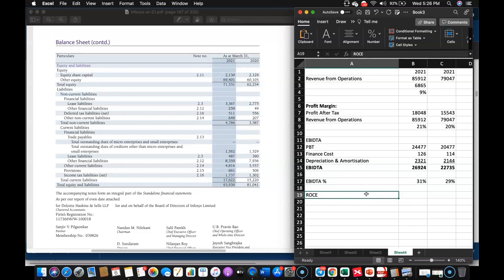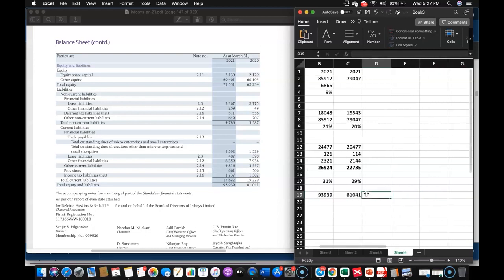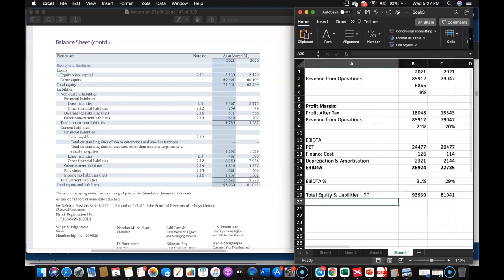We'll take total equity and liabilities, which is 93,939 and 81,041. Now we'll calculate return on capital employed also. See why I am taking EBITDA and comparing it with the return on capital employed.